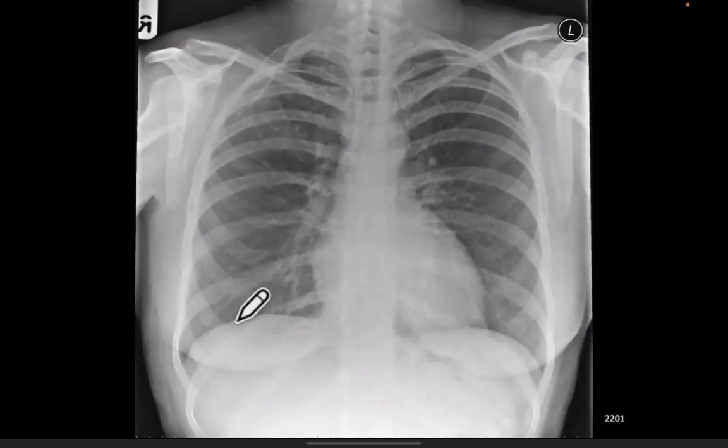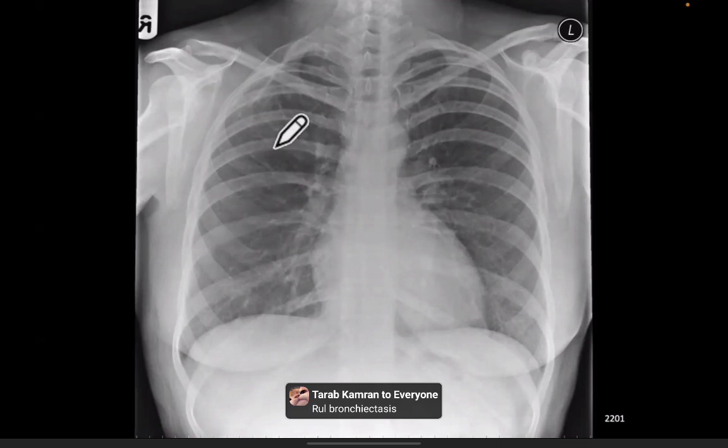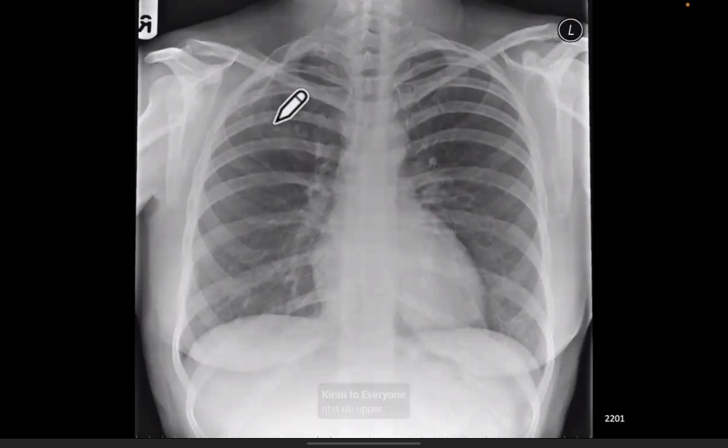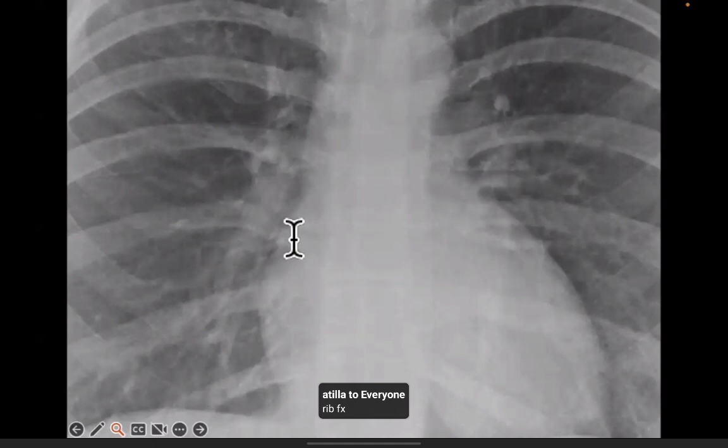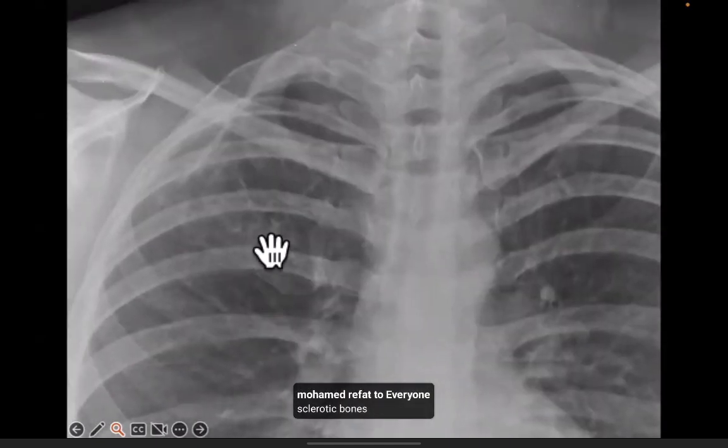Okay, what have we got here? It could be that, but so you think there might be some cystic change in the right upper lobe. Yeah, it looks a bit like that.